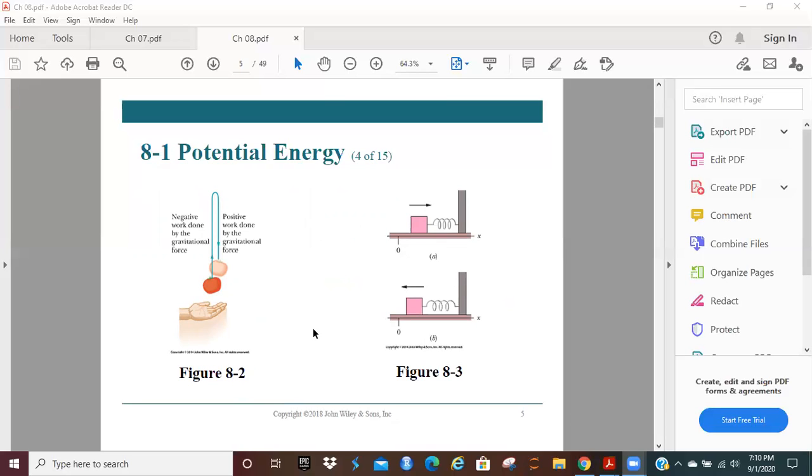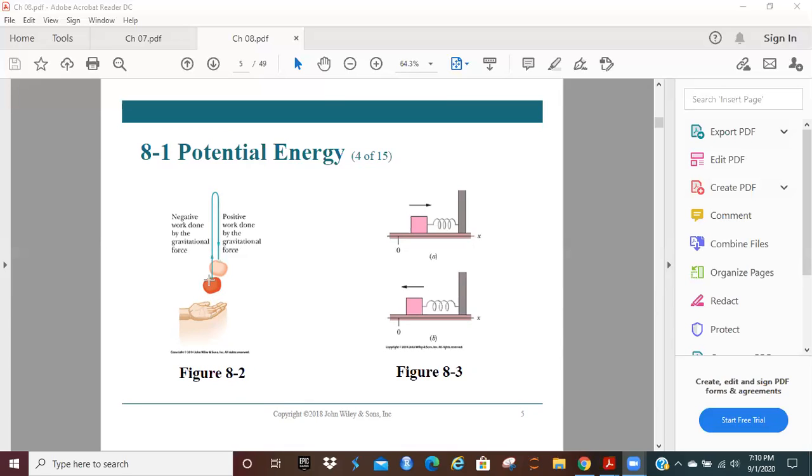So here we have a couple of cases where you have negative work done by the gravitational force. The reason being the tomato, which is what this is supposed to be, is traveling upwards. Again, remember the displacement in cases like gravity should be pointing this direction.